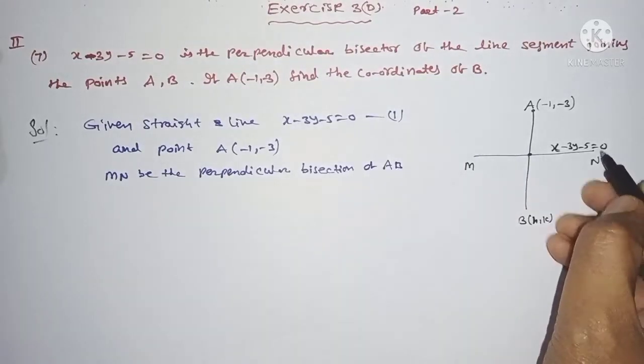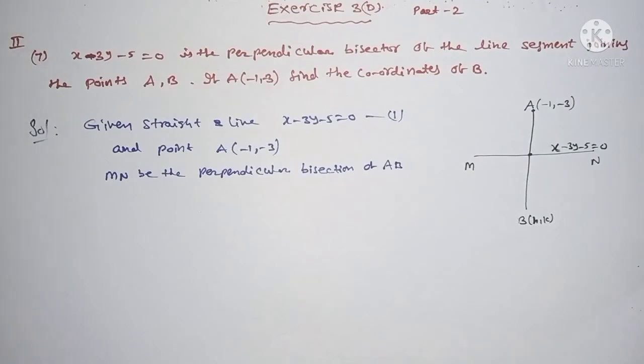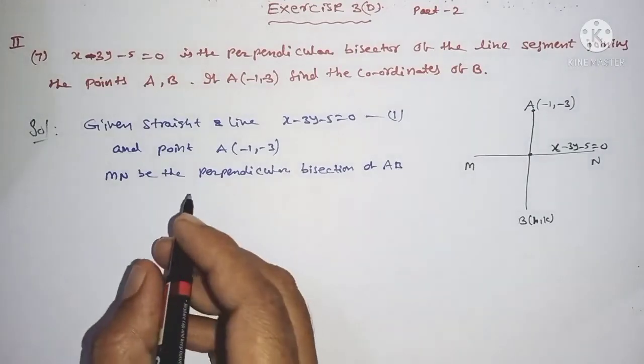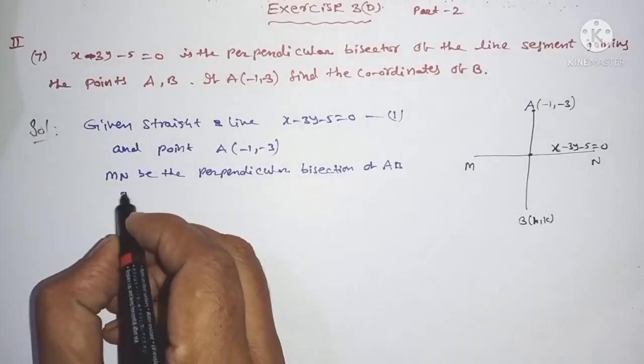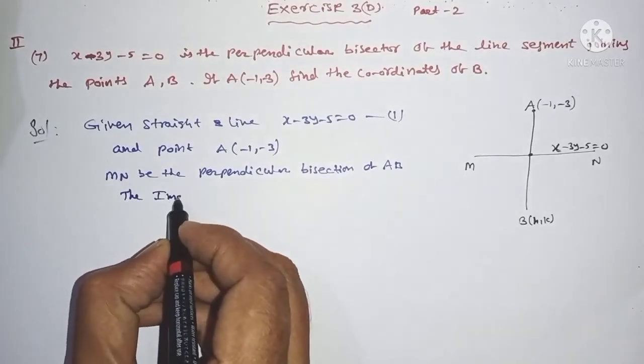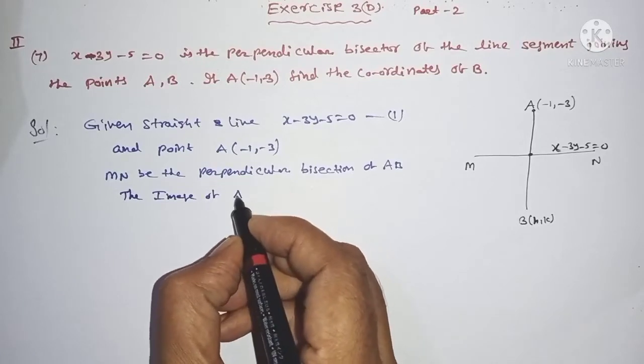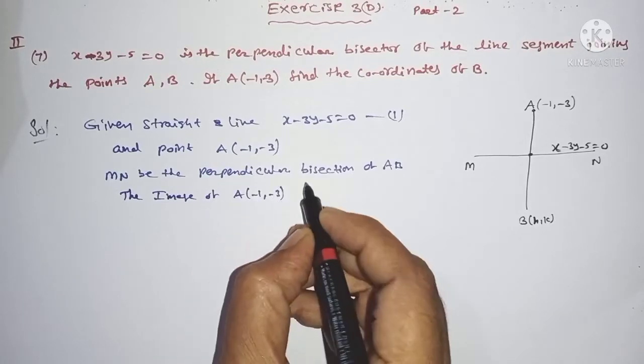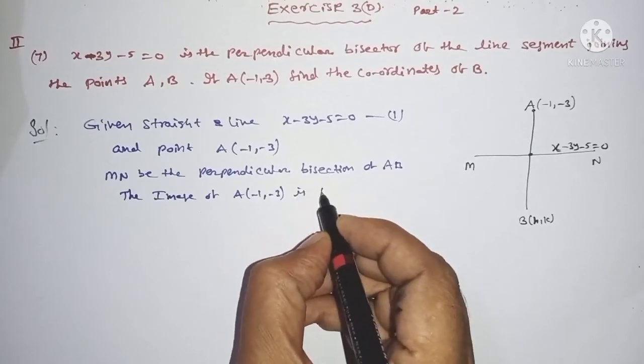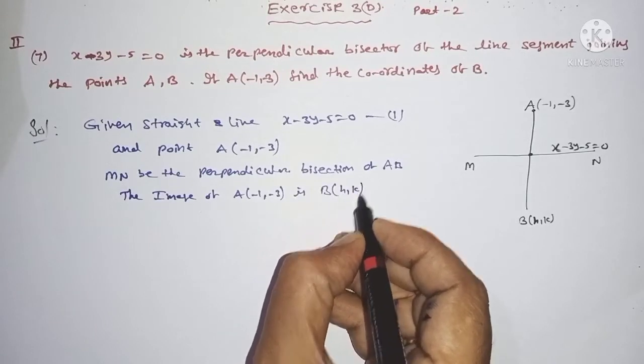Therefore, the image of A (minus 1, minus 3) is B (h, k).